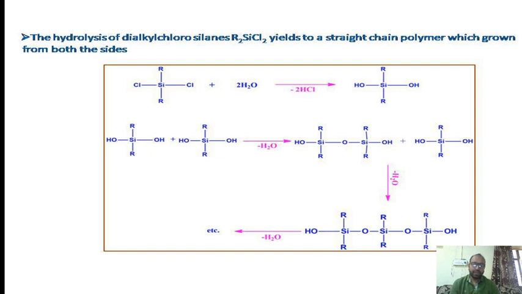The product so obtained further condenses with another molecule of R2Si(OH)2 and gives a long chain of alkyl silicones.